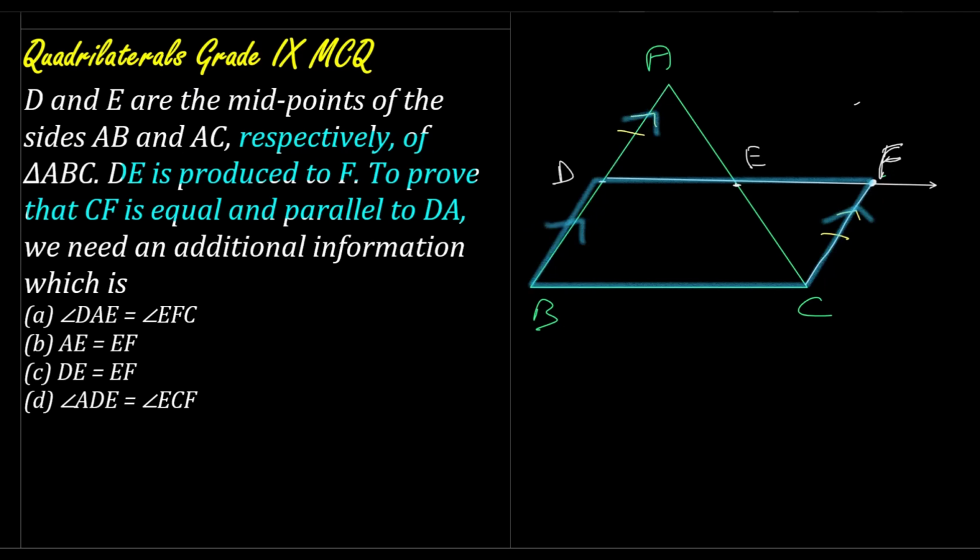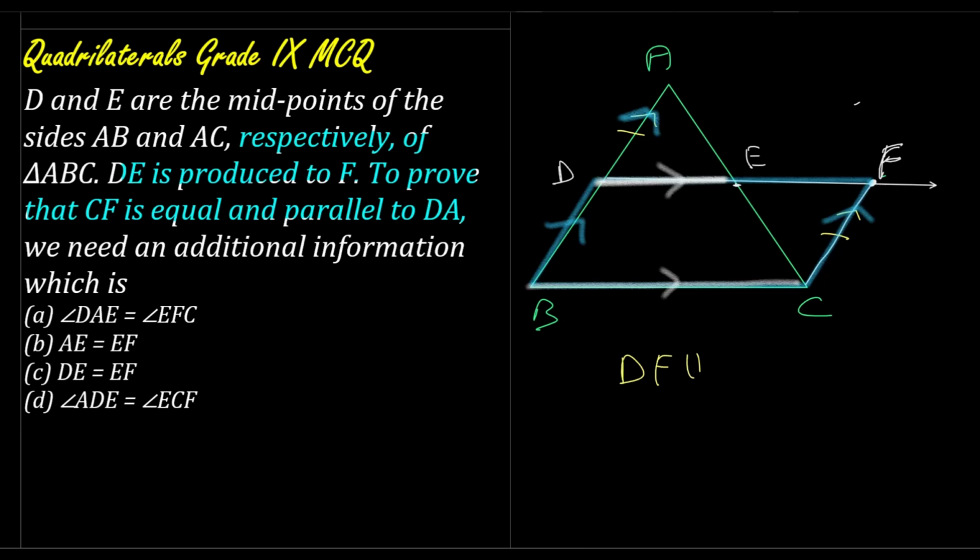So in order to prove this figure as a parallelogram, what additional information is needed? Let's figure out. What we know is that the line joining the midpoints of two sides of a triangle is parallel to the third side and half the third side. So this DE is parallel to BC, right? So if DE is parallel to BC, that implies parts of parallel lines are parallel.